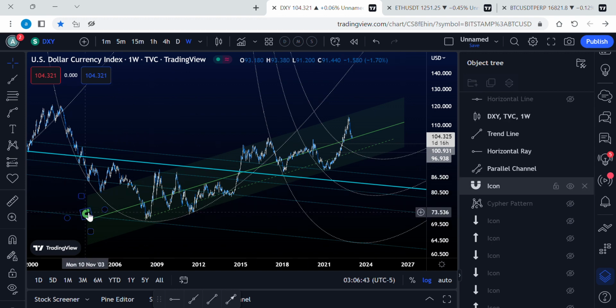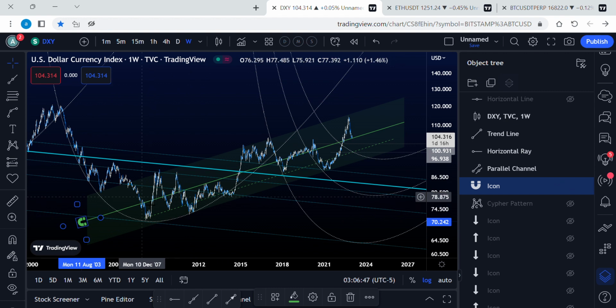This is the beauty of this. You see, this acts like a magnet and repellent when it touches. This is a repellent. It touches, and then boom, it bounces. So this is the point when he polarized. The magnet polarized and became a repellent.